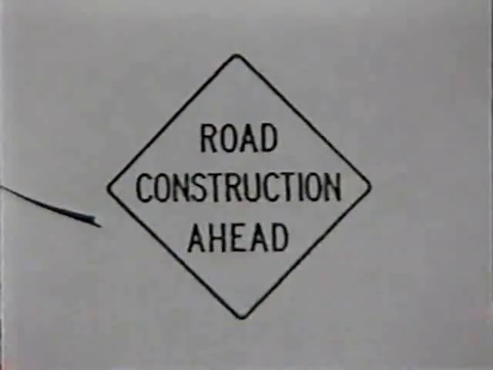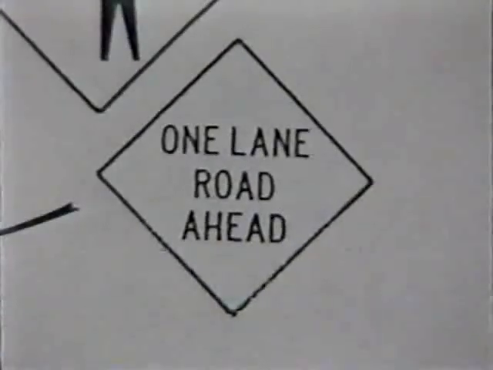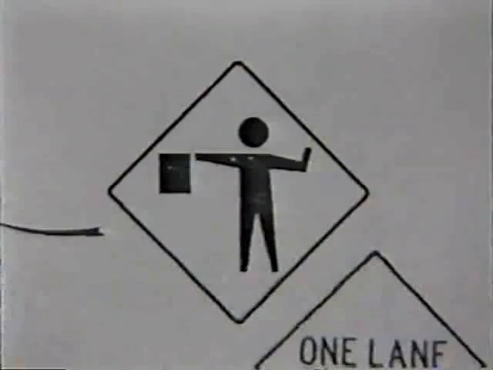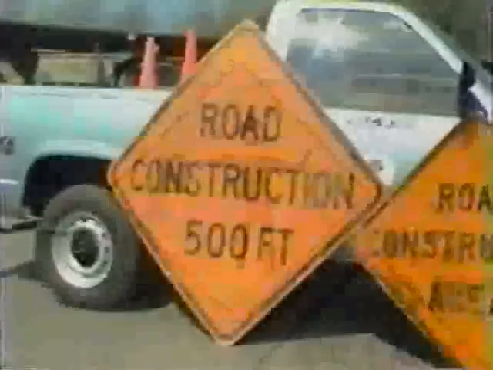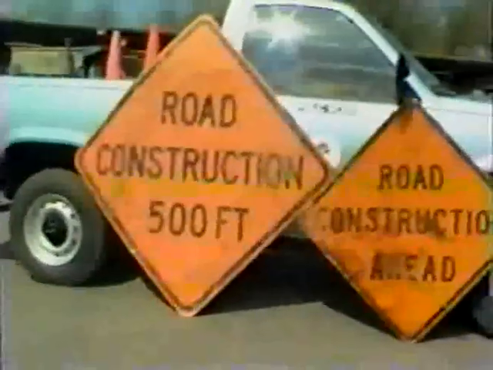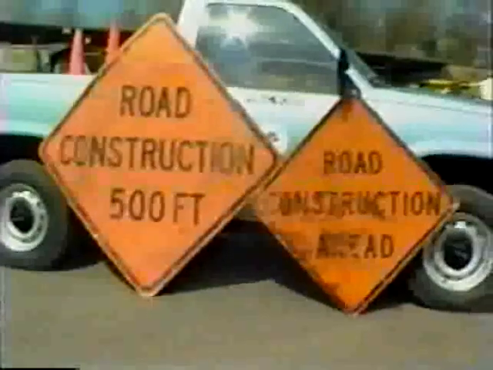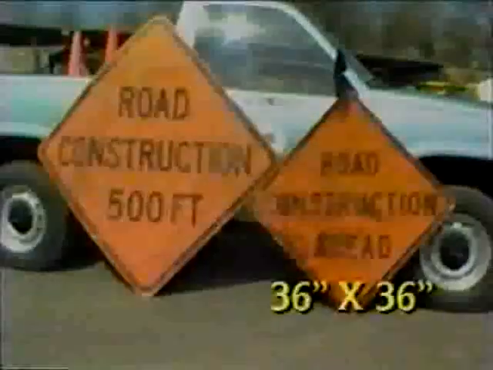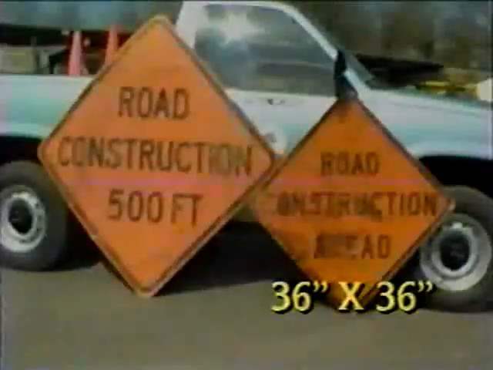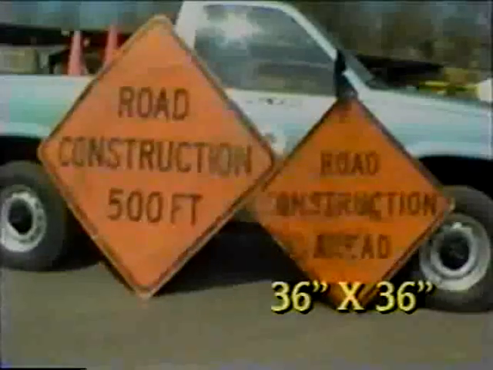Place them in sequential order, beginning with the road construction ahead sign, then the one-lane road ahead sign, and lastly, the flagman ahead sign. These signs are orange and reflectorized. The minimum size of these signs is 36 by 36 inches for speed limits less than 45 miles per hour.